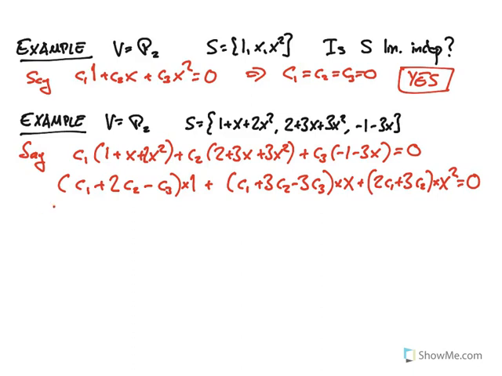Now I can write this as a linear system. Let's see, so that we get this right. So 1, 1, 2. These are the coefficients that multiply C1. So 1 from there, 1 and 2.